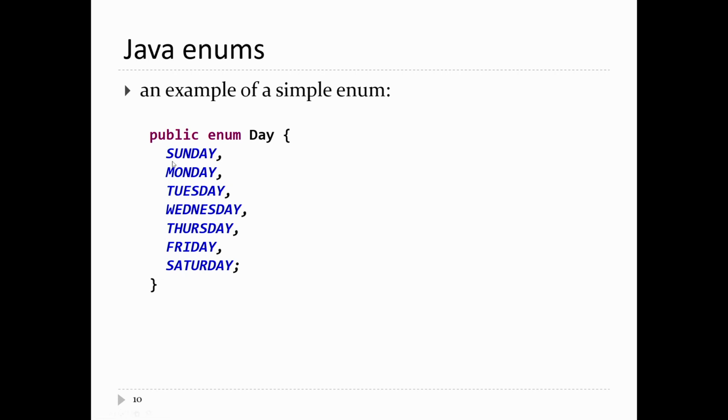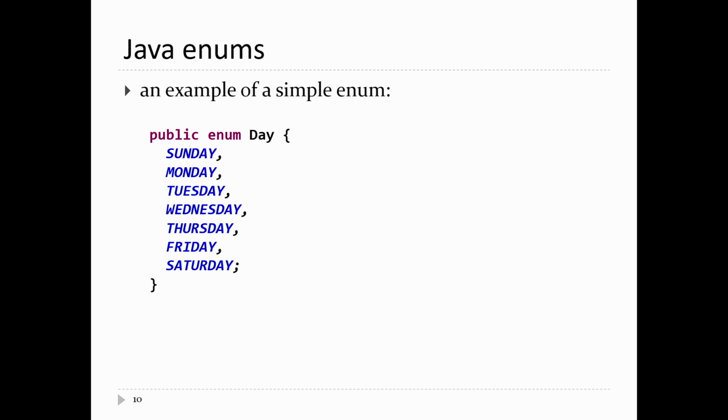In this enumeration, Day.Sunday is an object that represents the day Sunday. Day.Monday is an object that represents the day Monday. And Day.Saturday is an object that represents the day Saturday.